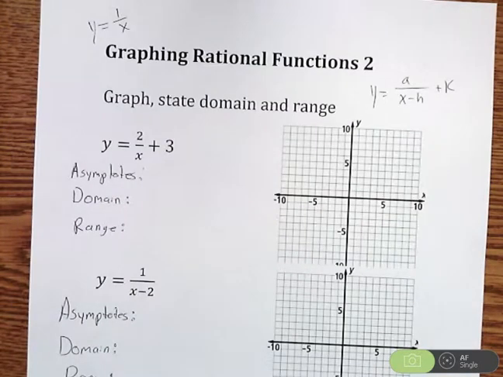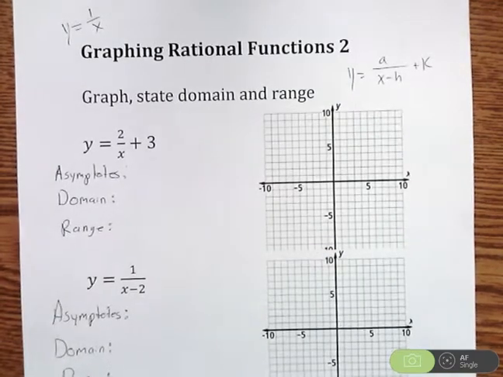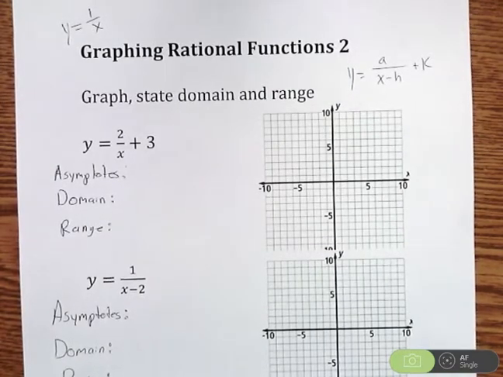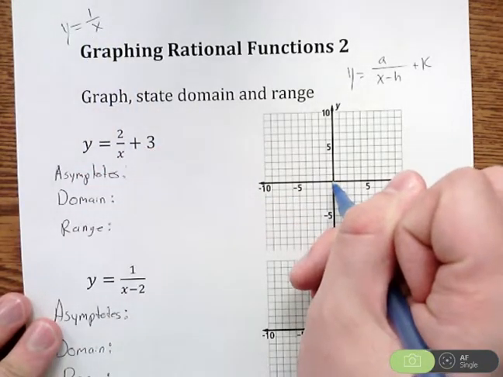So this first problem, y equals 2 divided by x plus 3. I always try to look at things from a transformation point, and we always talk about that center point that our graph focuses around. The center point on a basic y equals 1 divided by x graph is usually in the center.